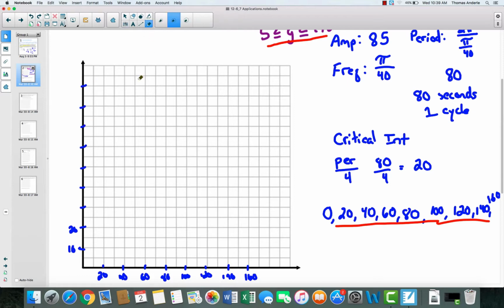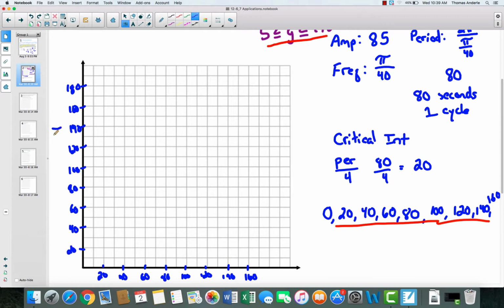Nope, doesn't work. So it's always a good idea to maybe plan it out beforehand. So, you know what, I'm going to make every 2 boxes 20. 60. So that's good. I only need to go up to 175, so that's perfect.